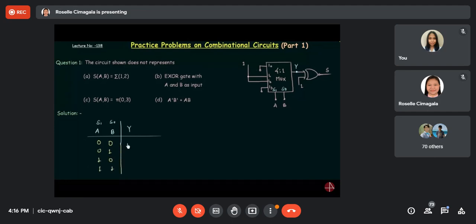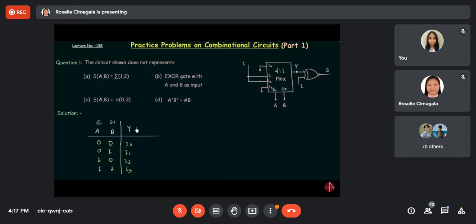Now your Y is simply I0, I1, I2, I3. You know how the multiplexer works. When it is 0 0, the I0 will be linked to your output. 0 1, I1 is linked. 1 0, I2 is linked, and 1 1, I3 is linked.